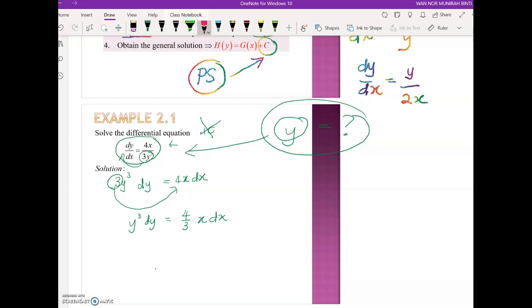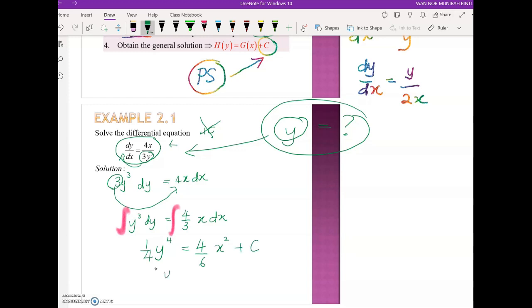What I need to do next is integrate both sides of the equation. Integrating y cubed gives us 1 over 4 y to the 4, equals 4 over 3, I just remain 3 for a while, and then x squared over 2, so over 2 times 3 here, you have 4 over 6, plus a constant c.